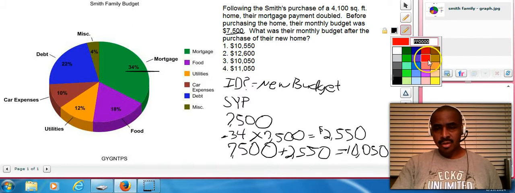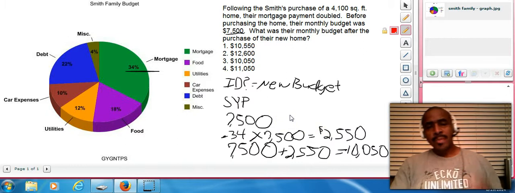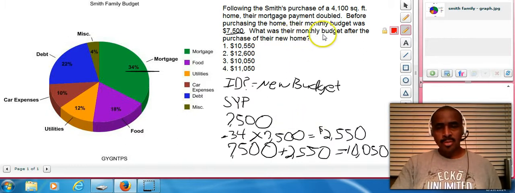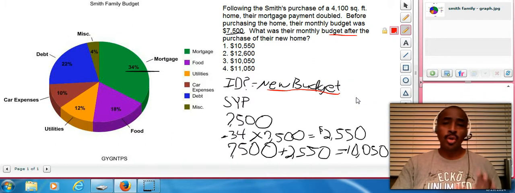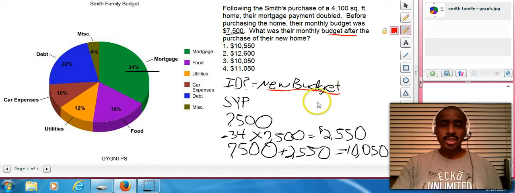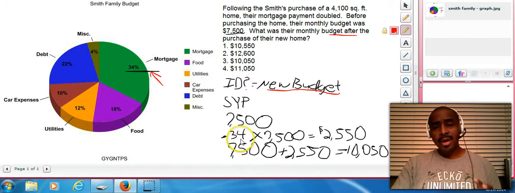Now let me get a different color here for emphasis. Again, we knew that the question was what was their monthly budget after the purchase of their new home. So identifying the question, we were looking for their new budget. Then the second thing was to state our path. What was the information that we received? We knew that 7,500 was their first budget, and that 34% was the amount of their monthly budget that they spent on their mortgage.